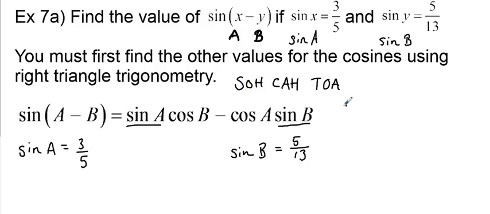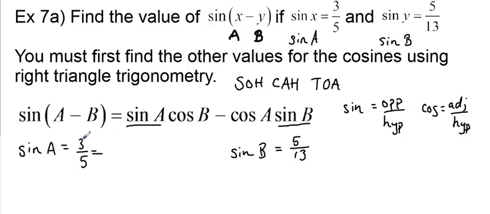So this tells us that sine is opposite over hypotenuse. And it also lets us know that cosine is adjacent over hypotenuse.